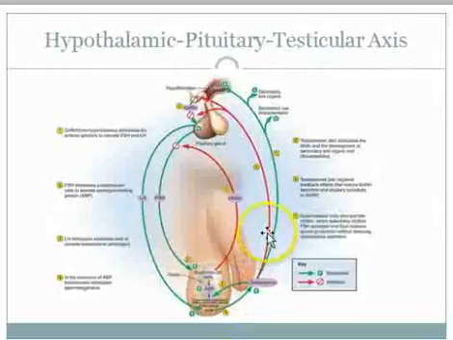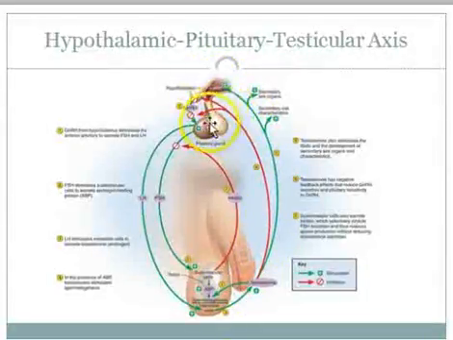Then higher levels of testosterone come back up here to affect GnRH, as well as directly affect the anterior pituitary gland in terms of how much is released. So that's the checks and balance associated with testosterone, among many other hormones, which I will let you read about in more depth in Blackburn.